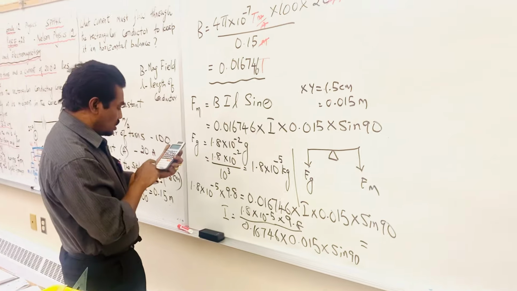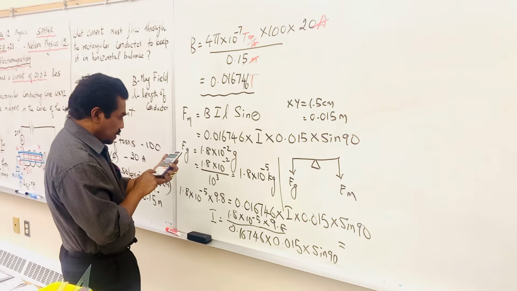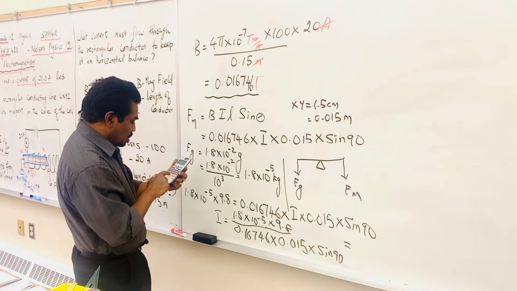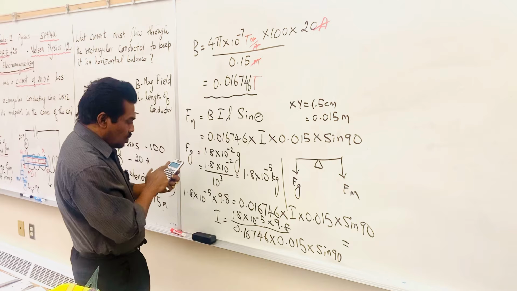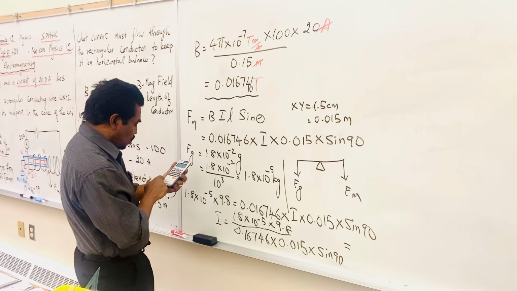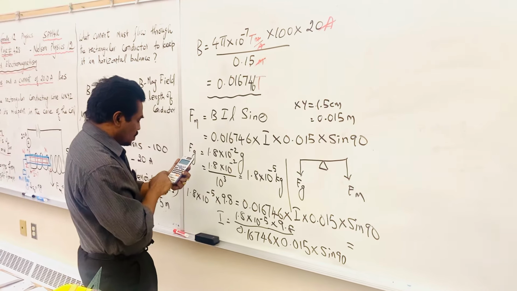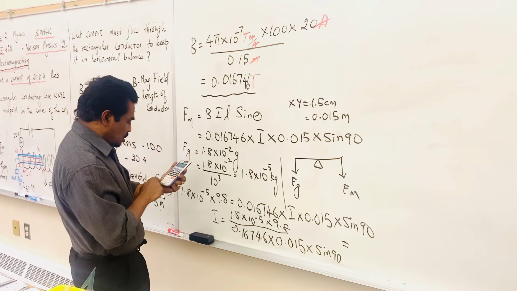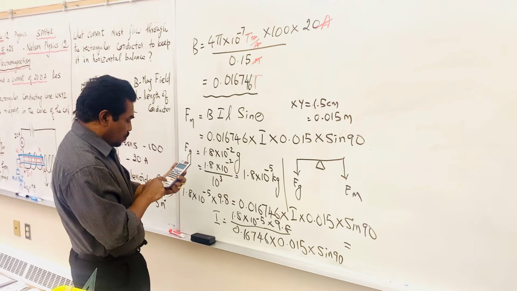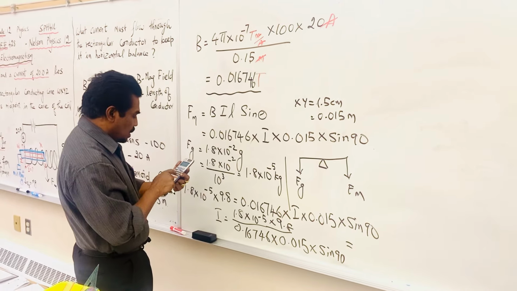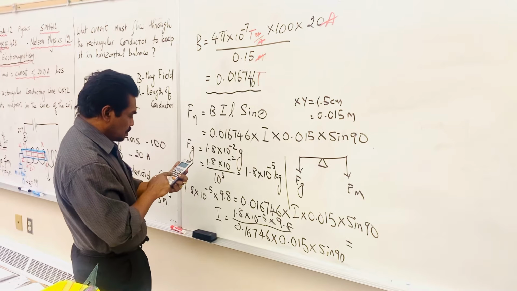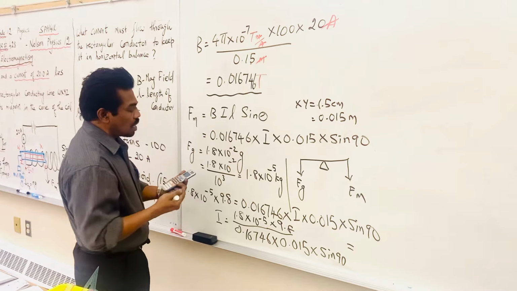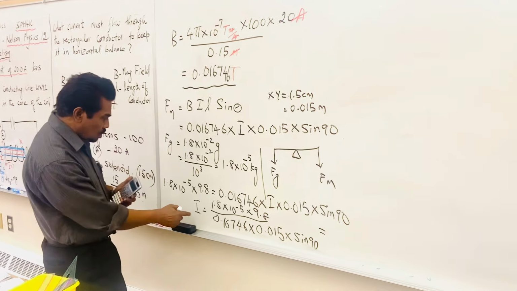It's a big calculation: 1.8 exponential negative 5 times 9.8 over 0.016746 times 0.015 times sine 90.